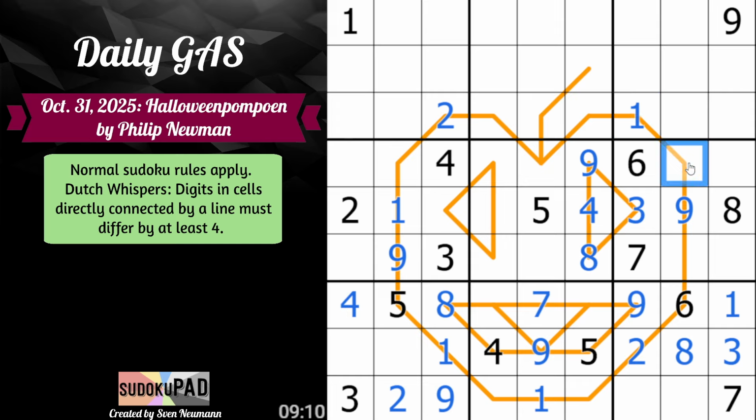And this is looking like a very nice place for 5 to go because it can't be 1. And 1 has to go between these two cells. So it does, in fact, have to be 1. Only way to connect 9 to 1, actually, I don't know why I even second guessed myself. It obviously has to be 5 because that's the only way to link 1 and 9.